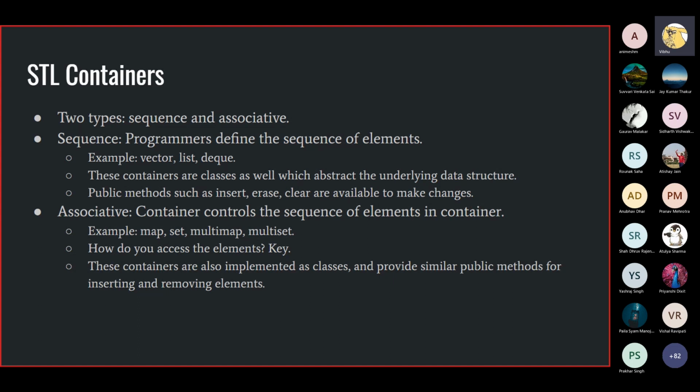We have these containers map, set, multi-map, and multi-set, which are associative containers, and they have a key-value pair through which you can access these elements. Similar to vector, list, and dequeue, which are sequence containers, they are also implemented as classes, and we'll see what the underlying data structure is and get an idea of how these things work.